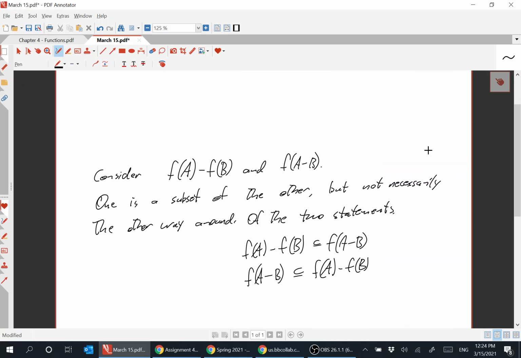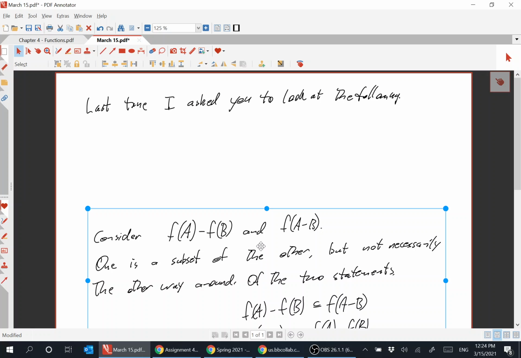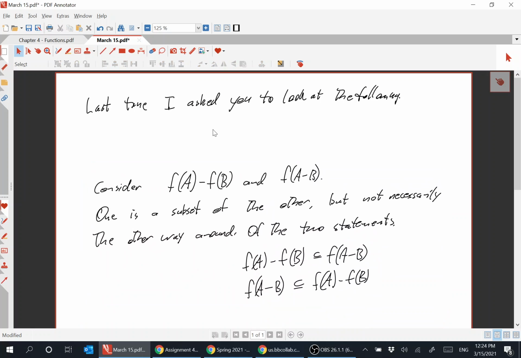Let f be a function from domain to range, and A and B subsets of the domain.